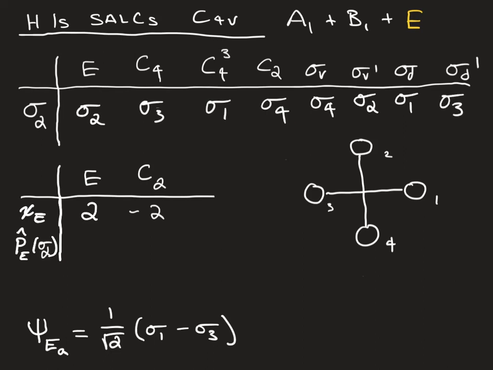I've simplified the table here to just reflect that we only need to concern ourselves with the E and the C2 operations because all the others have characters of 0.